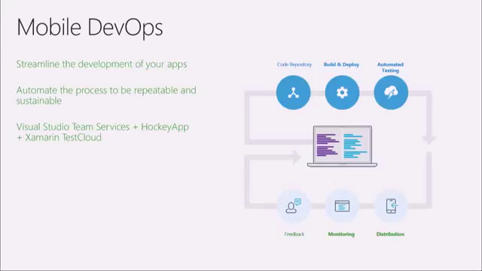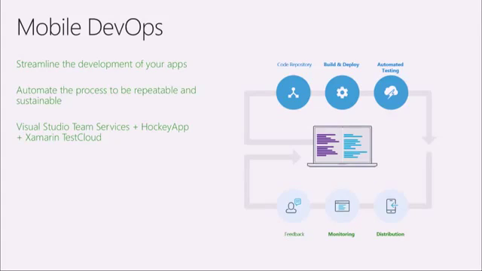I think everybody lost count of how many devices there are out there. And there are so many special tests and test coverage cases to do. And even the distribution process, as I mentioned before, seems so much more complicated. At Microsoft, we really want to take these DevOps best practices and apply them to mobile. We have a set of great products that help you do that and get that end-to-end flow going from start to end.